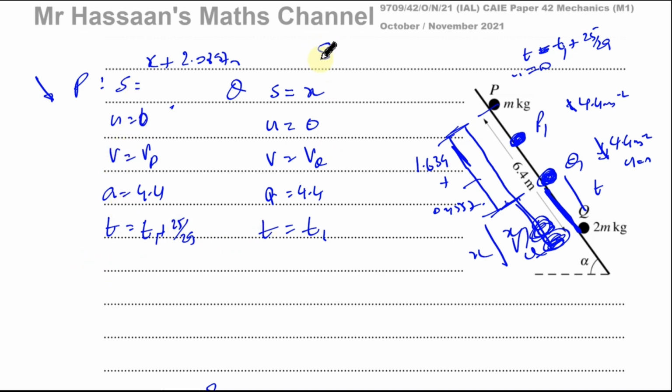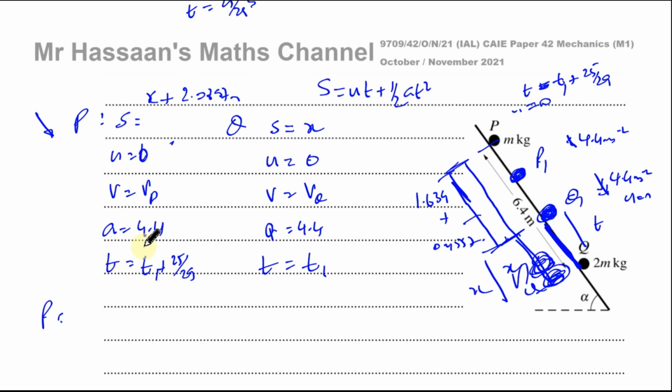So that's S equals UT plus a half AT squared. What we can do here is say for P, we have the equation X plus 2.0857 equals U times T. That's going to be 0 times T, that's gone.